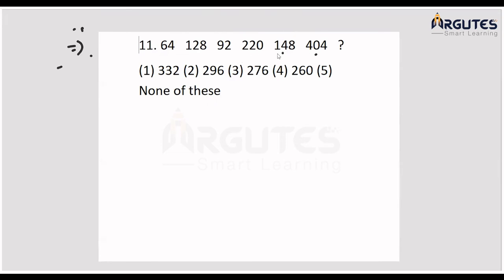So you will find no logic over here. So this is not a concept of maximum slope, minimum slope, or medium slope, neither mean slope. Now ups and down, you can say 64, 128, 128, 92, 92, 220, 148. So either it will be in the form of an ups and down series, or it is a two type series. Okay, now look at it. 64, 128, 92, 220, 148, 404.